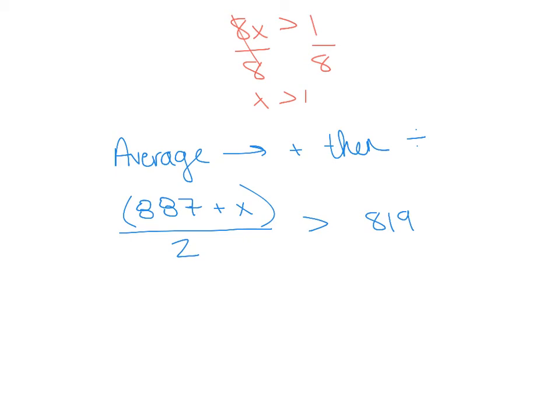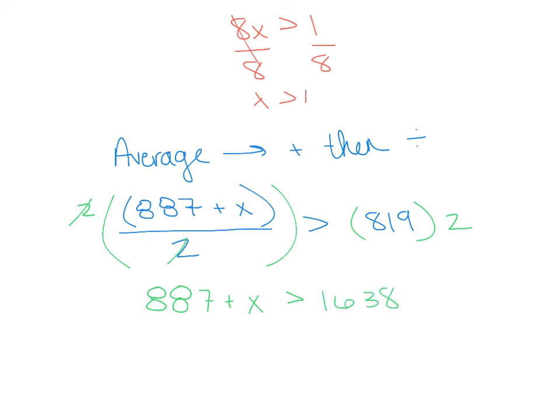So we can do the same thing. We can say that we're going to multiply this side by 2. And if we multiply that side by 2, we need to multiply this side by 2. These cancel out, and it gives us 887 plus X is greater than 1,638.